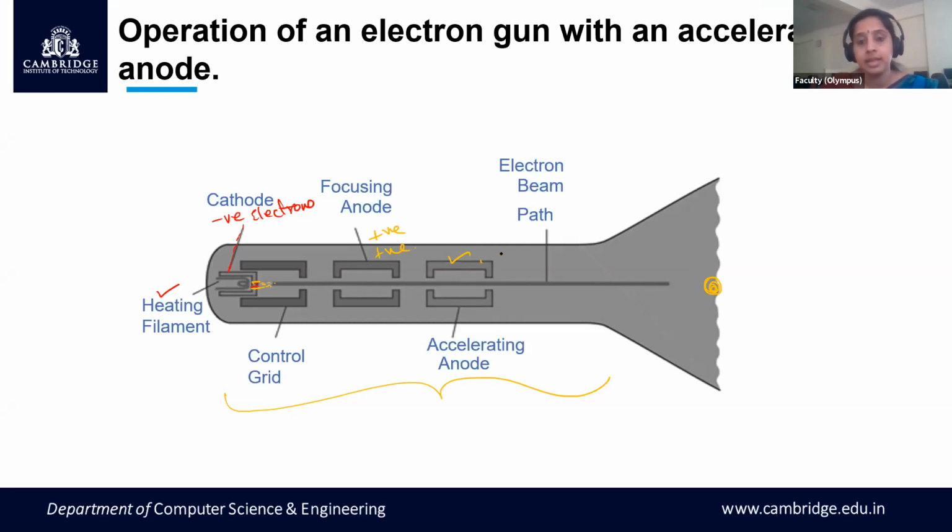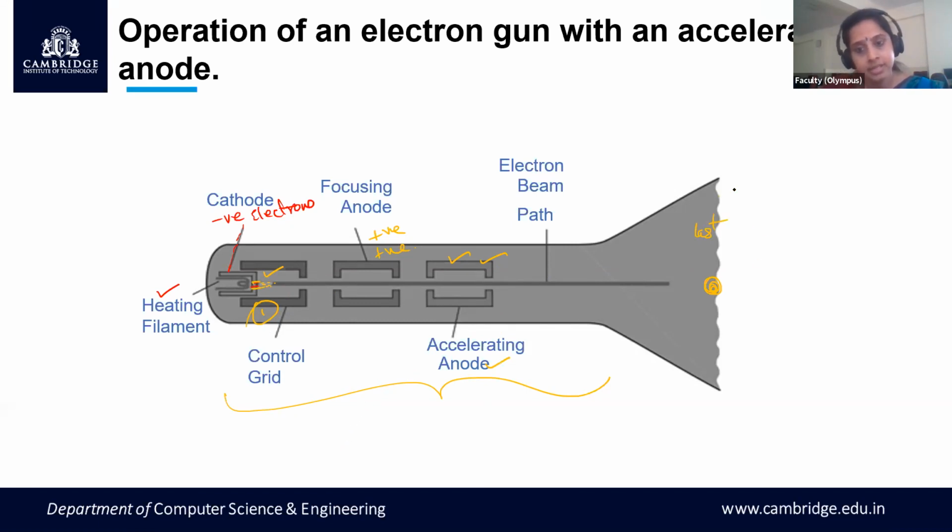So that's why they give one more accelerating anode here, just to push it. Give a force to the electrons so that with the same intensity at which it was released at the first point, it arrives with the same intensity at the last point. So for that they have an extra accelerating anode.